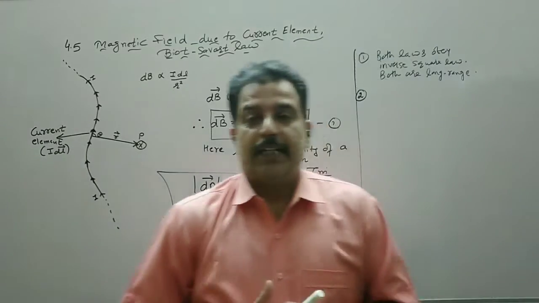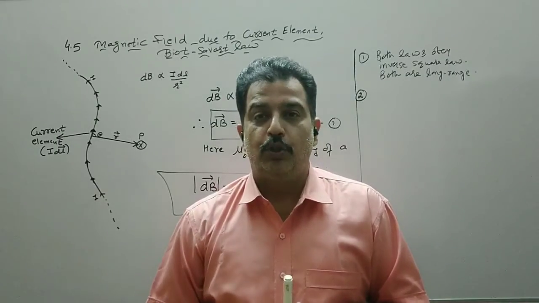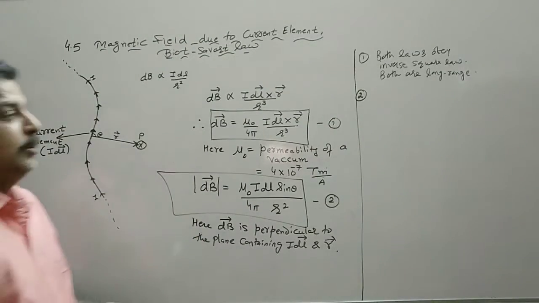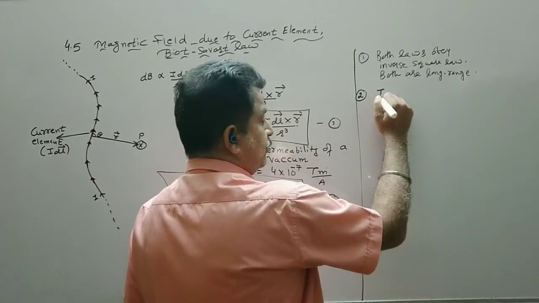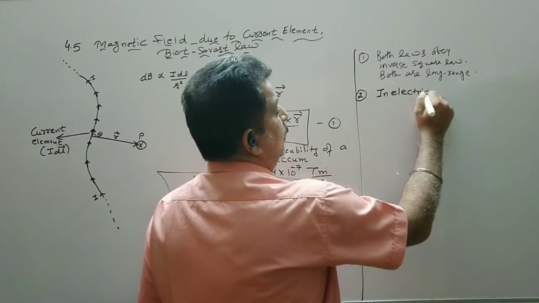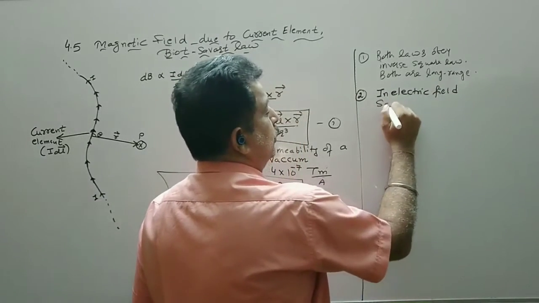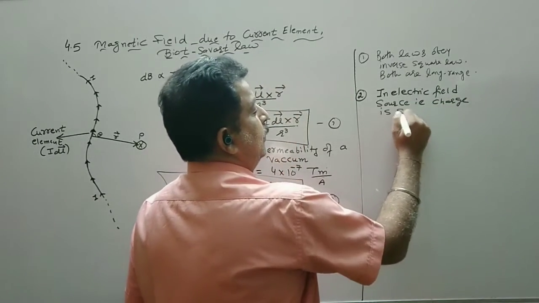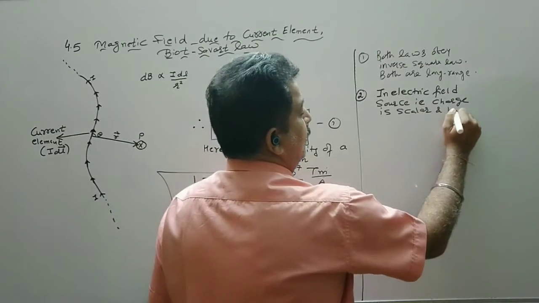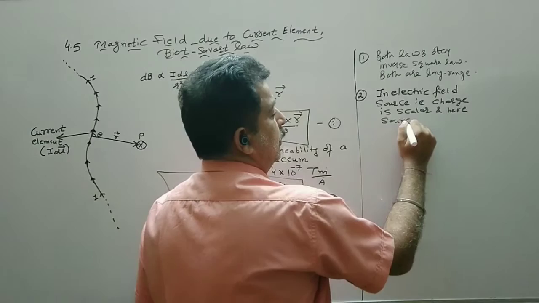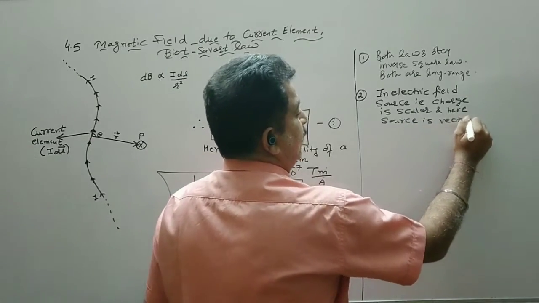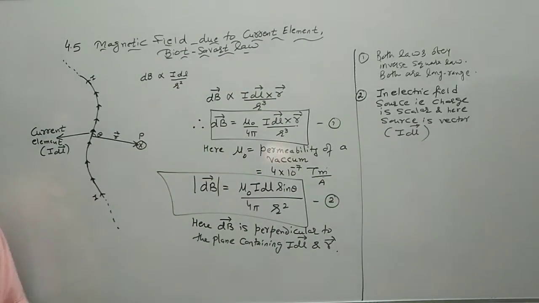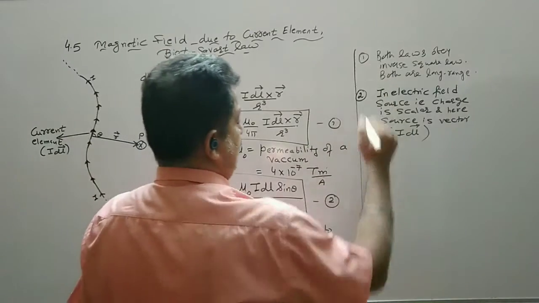So here the magnetic field is produced by a source which is a vector, whereas in Coulomb's law the source, a charge, was scalar. And the source here is a current carrying conductor or a current carrying element. So this is a dissimilarity, and that was a similarity.